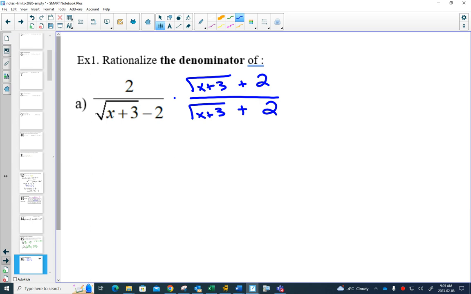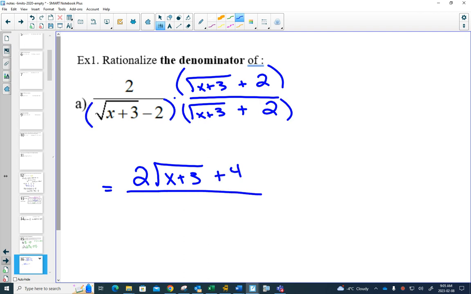Now here, on the top, you would get 2. You distribute, right? Because this is in brackets, this is in brackets. And on the bottom, now, when this is squared, it would just be x plus 3. And minus 2 times minus 2 will be minus 4. There's your difference of squares.